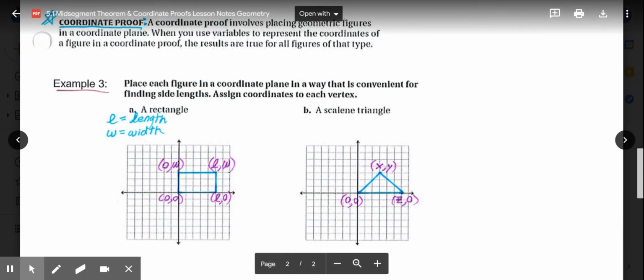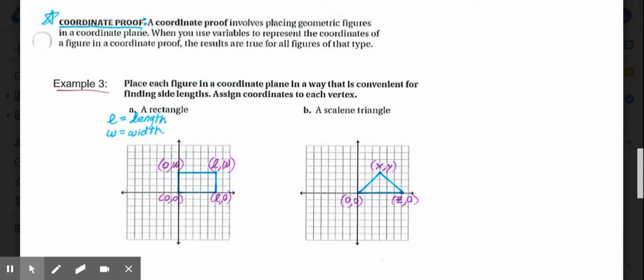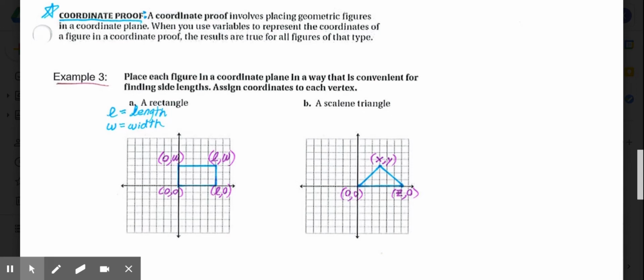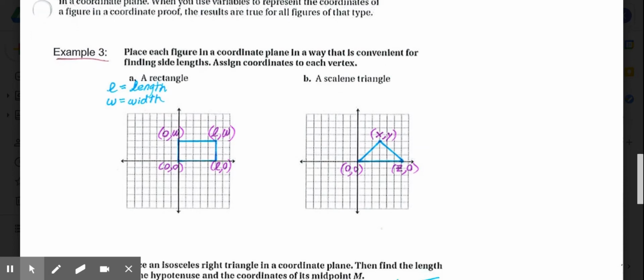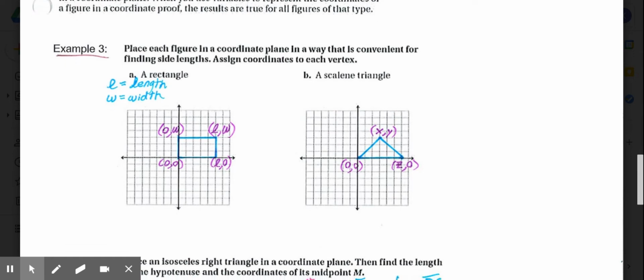Now for the scalene triangle. We want 3 sides that are going to possibly be different lengths. And we want to draw the triangle so that we have easy to read points or vertices. So I made my first point at 0, 0.